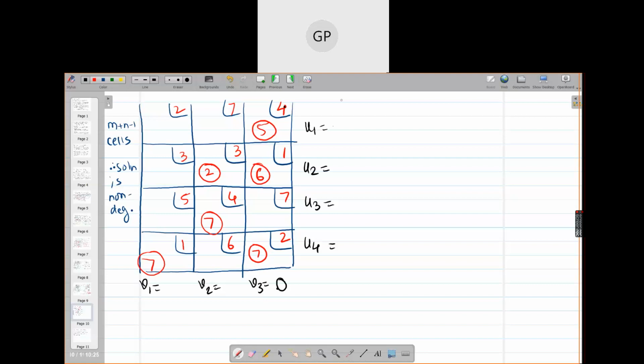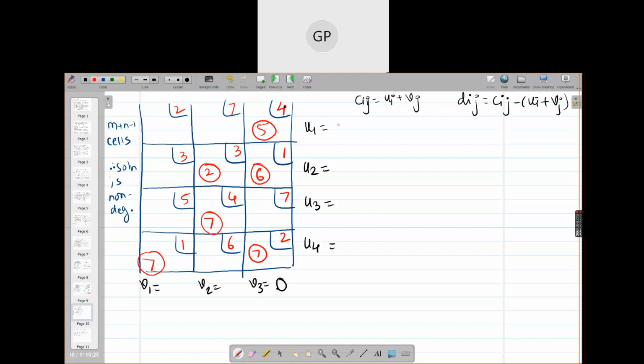What is the formula? Cij is equal to Ui plus Vj, and Dij is equal to Cij minus (Ui plus Vj).